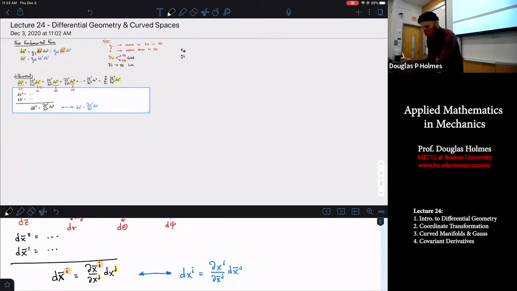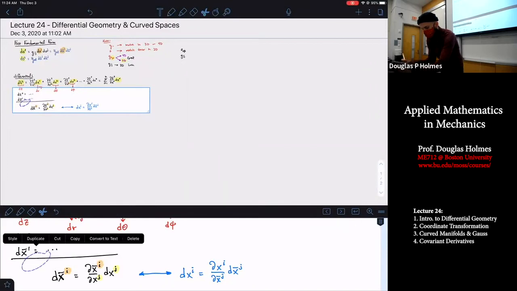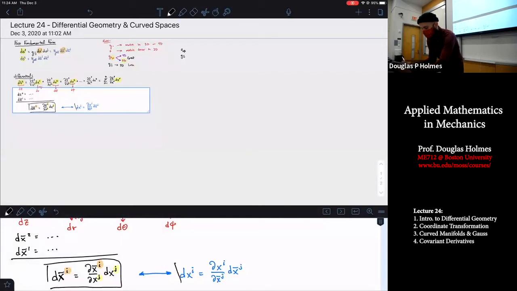These are really important, and they will help us switch between coordinate systems.